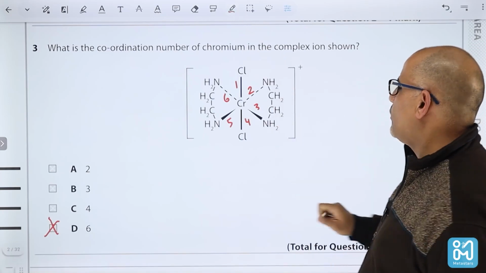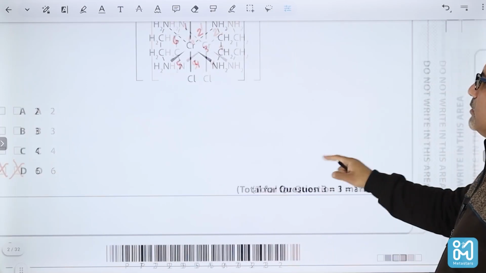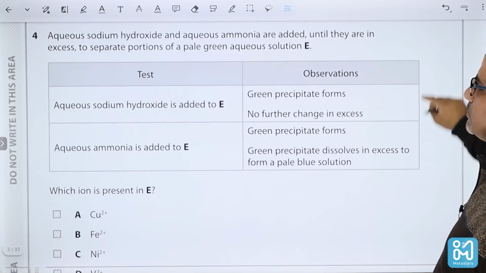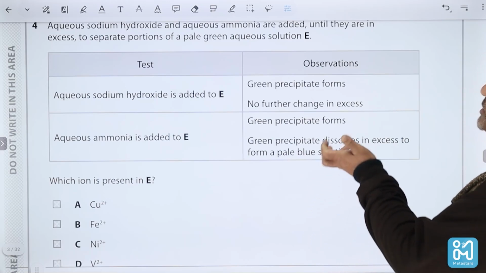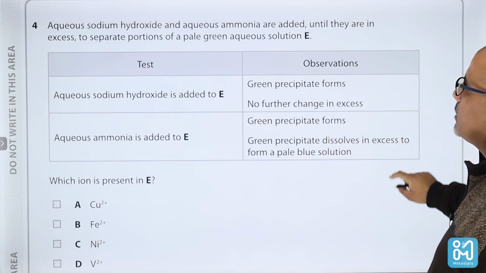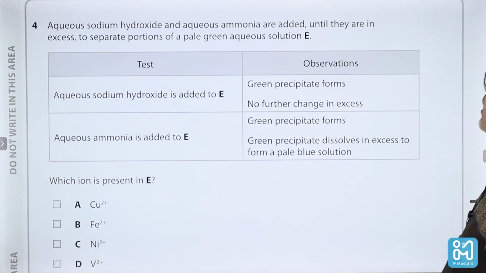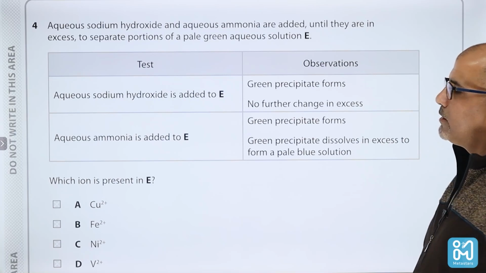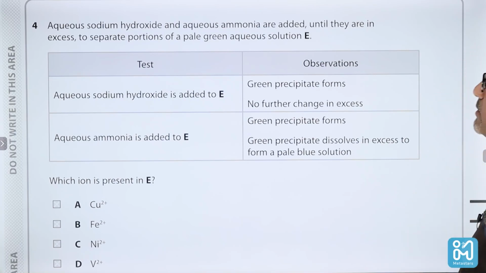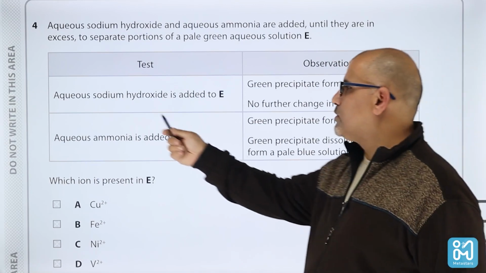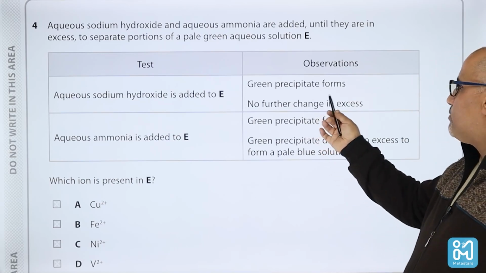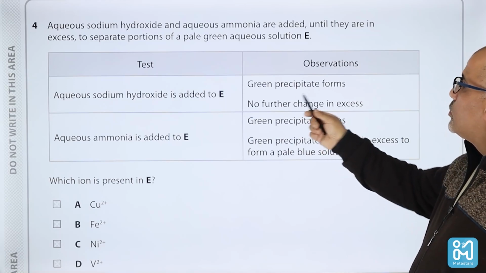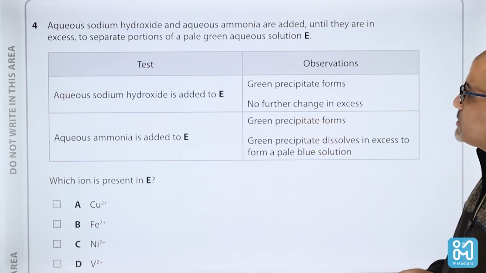Now, for the next question. Here we have aqueous sodium hydroxide and aqueous ammonia added until they are in excess to separate portions of pale green aqueous solution E. Aqueous sodium hydroxide is added to E, and a green precipitate forms, with no further change in excess.